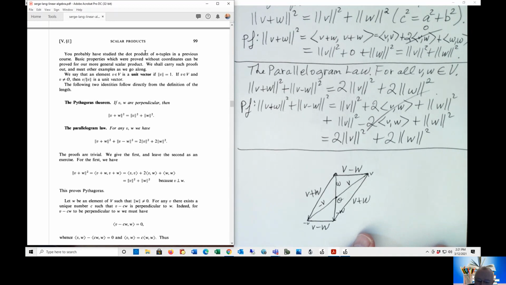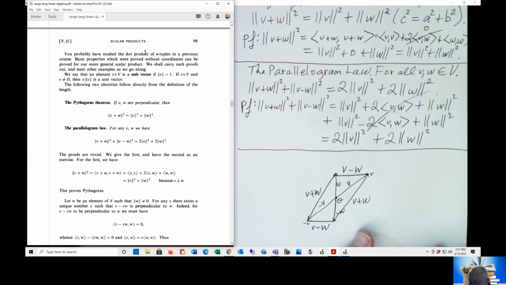I have my parallelogram drawn, and the 0 vector, or the origin, is at the center of the parallelogram, and emanating from the center are the two vectors v and w with their opposites, negative v and negative w. Connecting their endpoints, we have the parallelogram, where opposite sides are parallel and have equal length.